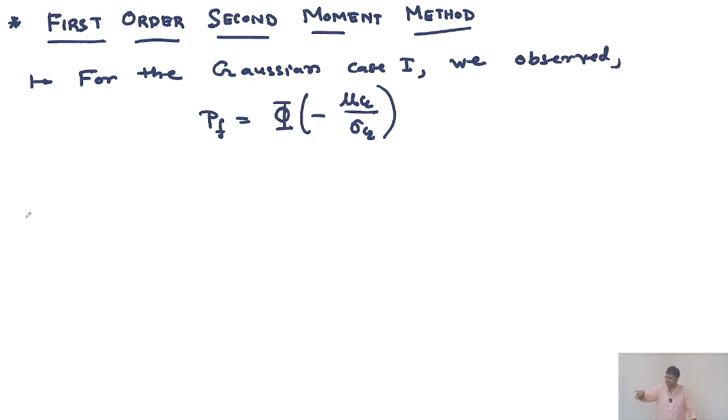So if we generalize it, we can always say that as long as the limit state function is Gaussian, this will hold.